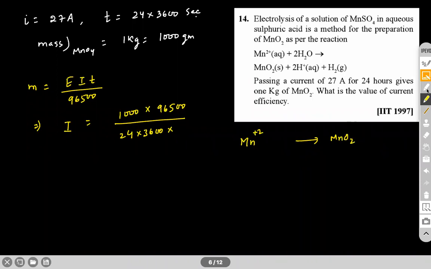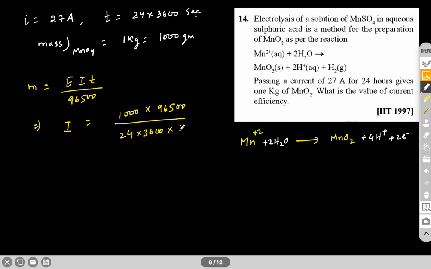When you balance this in acidic medium, we write 2H2O this side, then 4H+ this side. When you balance the charge, we have to add 2 electrons this side, so the charge will be balanced on both sides. 2 electrons are getting exchanged.